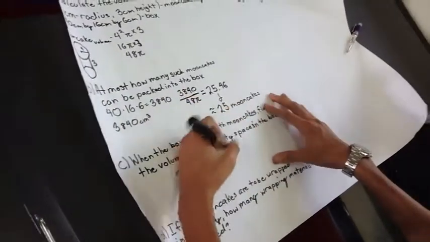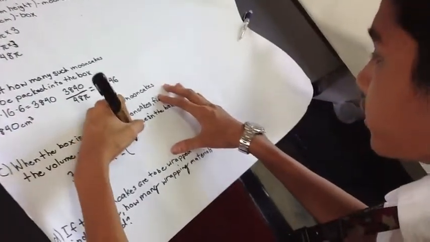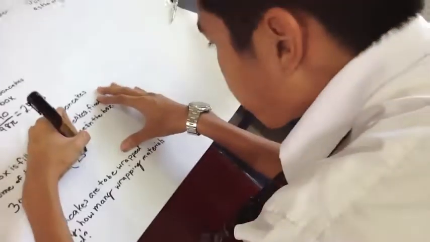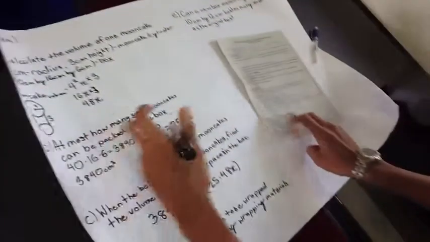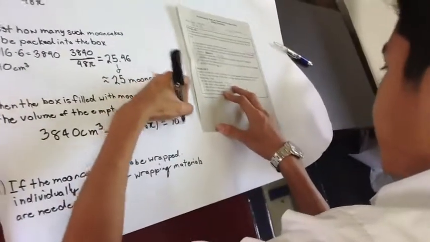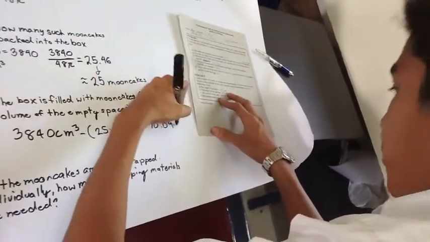So that would be minus 35 times 48 pi. As I did in earlier calculations, that would equal 70.09 cm cubed.